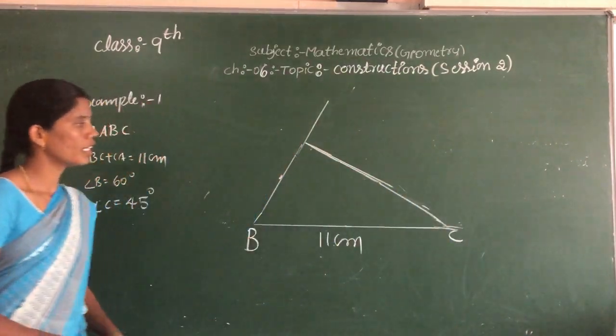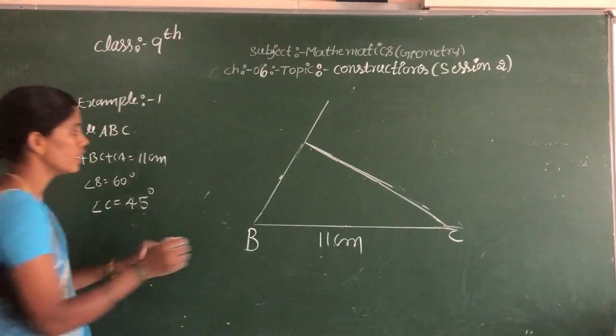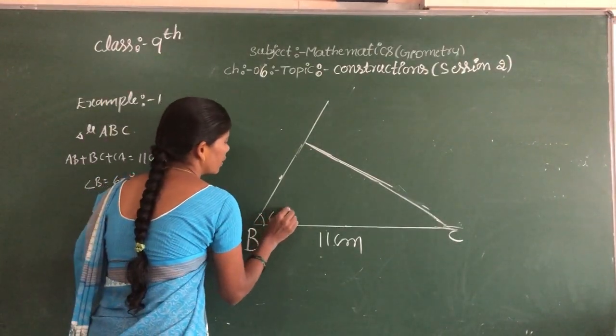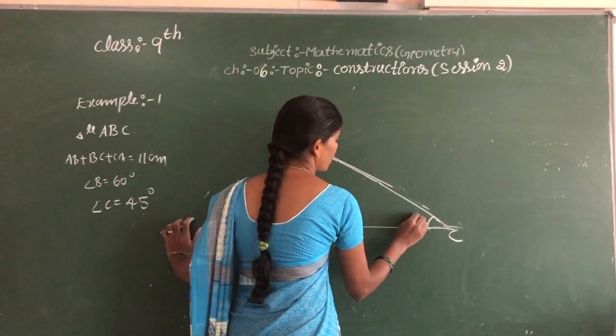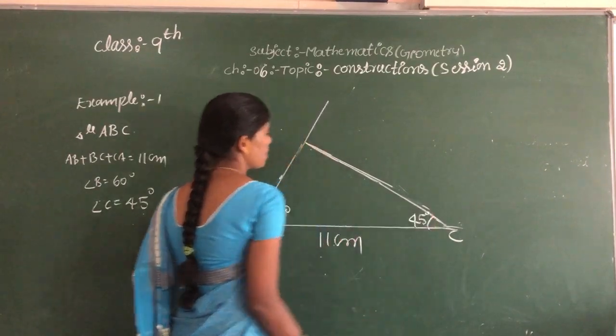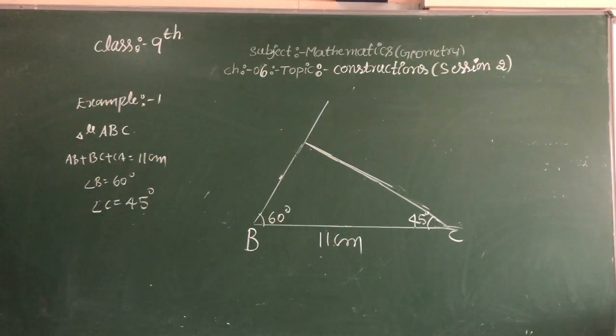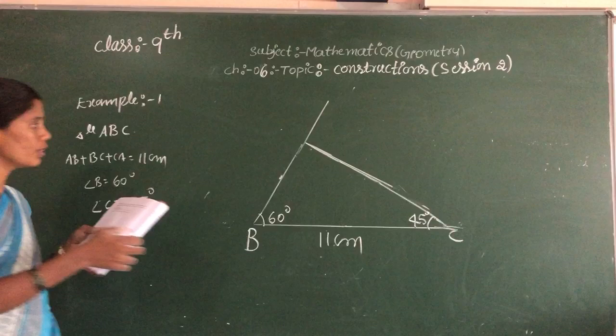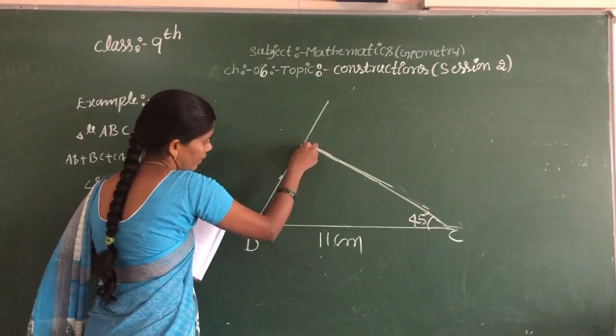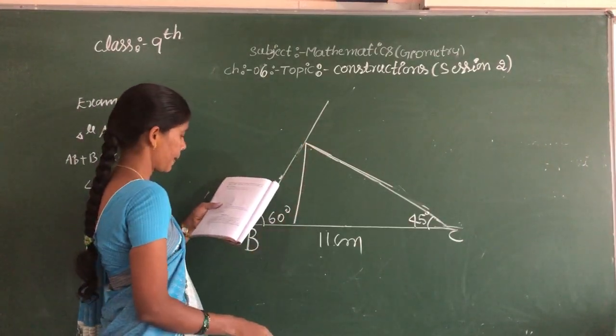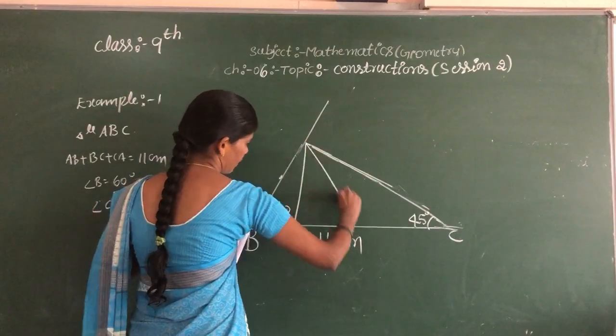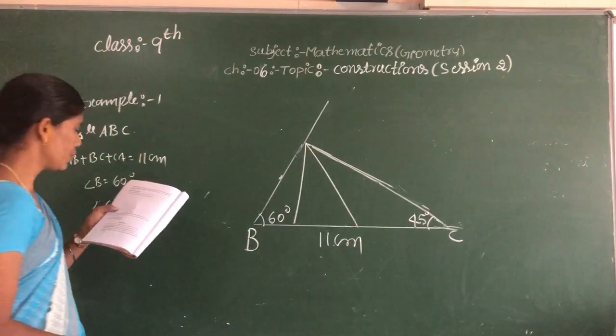We should write that this is 60, this is 45. Okay. So in the center, we should do that triangle.